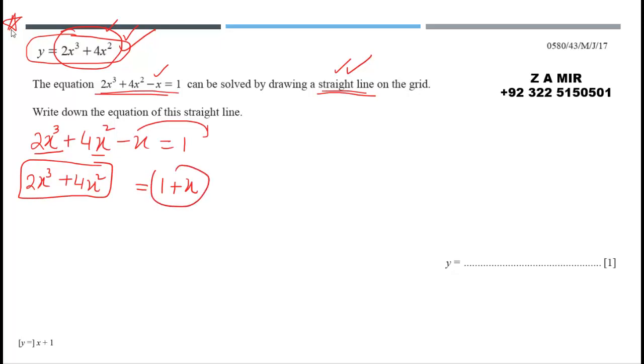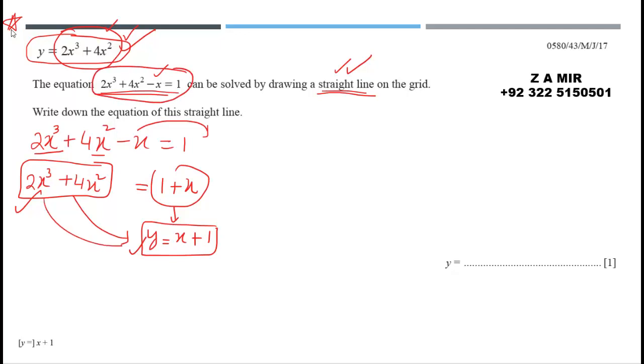And this is the straight line, which is y is equal to x plus 1. And now we have to draw this straight line on the graph. So the point of intersection of these two will be the solution of these two equations. And these two functions, when we combine, become a cubic equation. So the solution of these two will be the solution of this cubic equation as well. So the straight line is this one, y is equal to x plus 1.